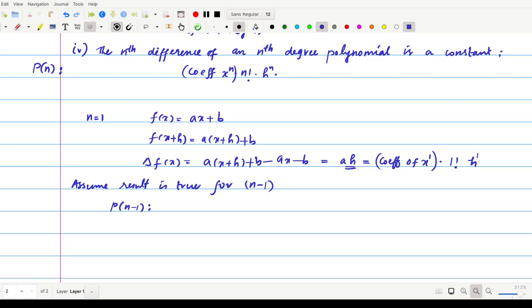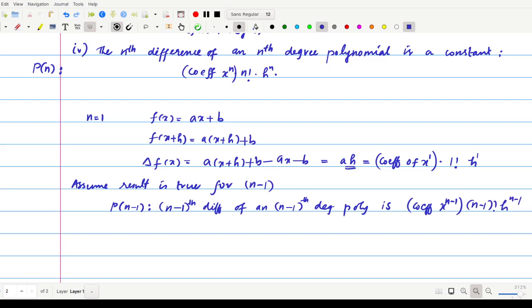So we write the n minus 1 difference of an n minus 1 degree polynomial as the coefficient of x raised to n minus 1, times n minus 1 factorial, times h raised to n minus 1. So this is our assumption. This is the induction hypothesis.